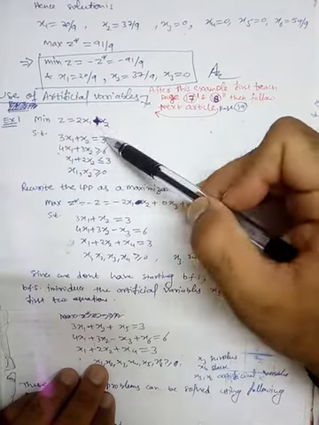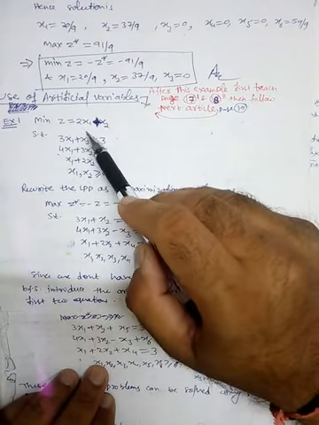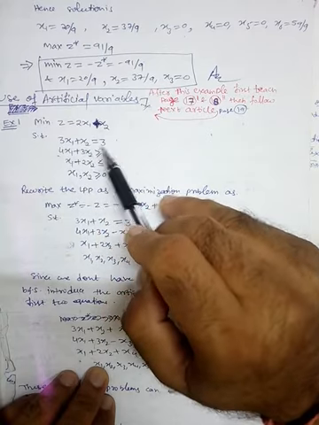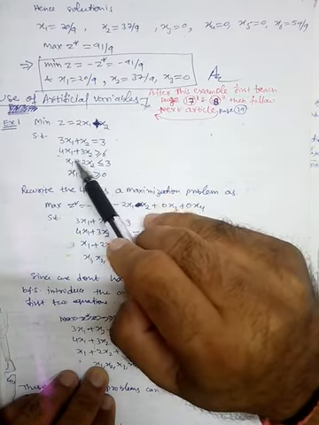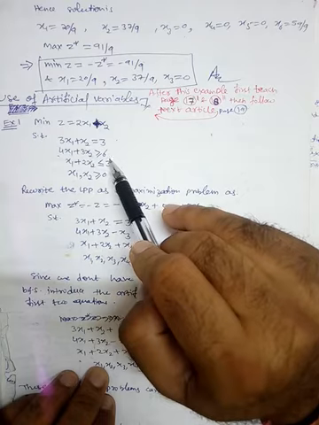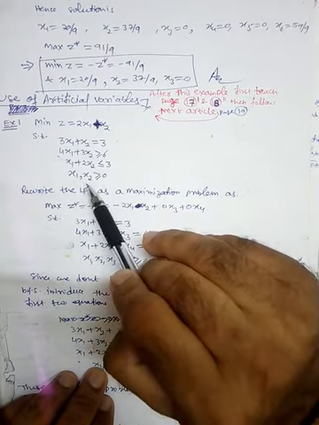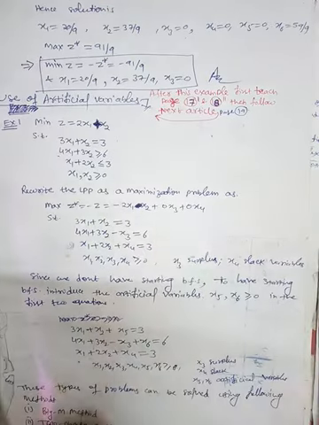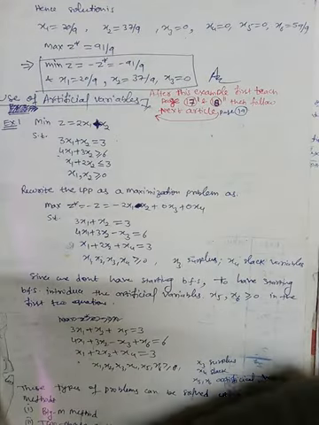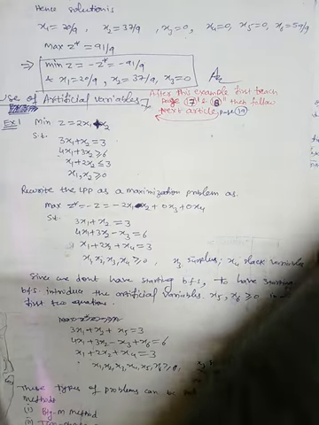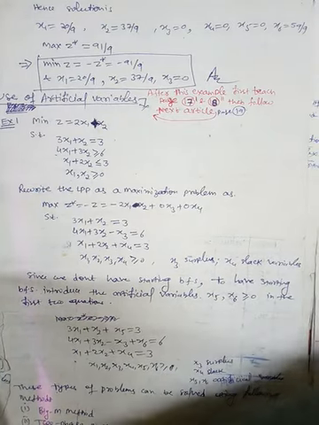Suppose we have this problem: minimize z equals 2x1 plus x2, subject to 3x1 plus x2 equal to 3, 4x1 plus 3x2 greater than or equal to 6, x1 plus 2x2 less than or equal to 3, and x1, x2 greater than or equal to 0. Now if you use your ordinary simplex method, then what is the problem?